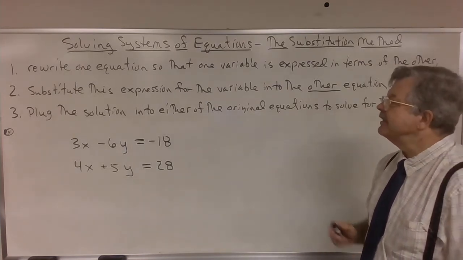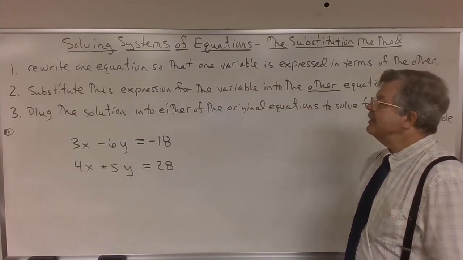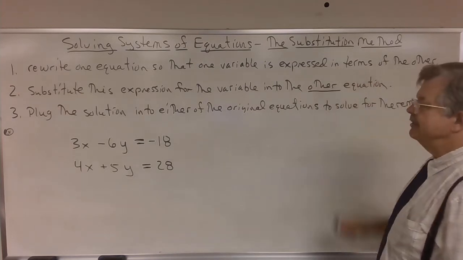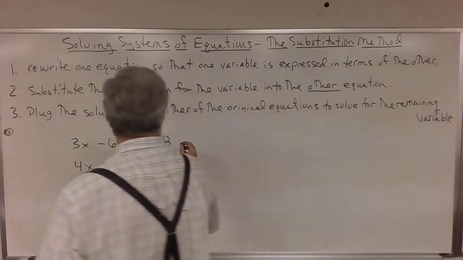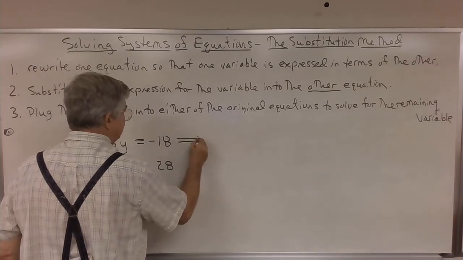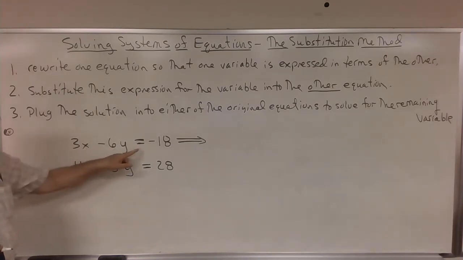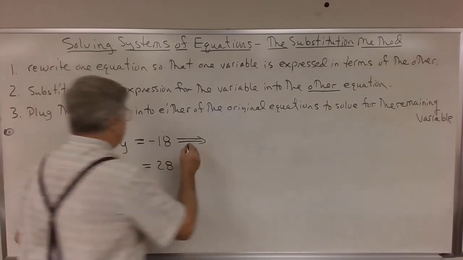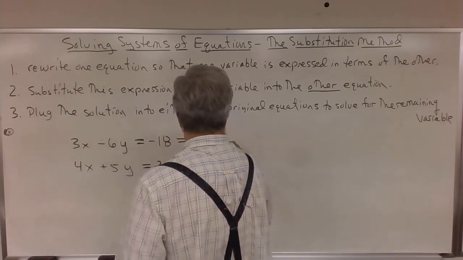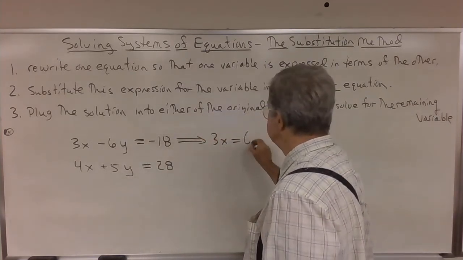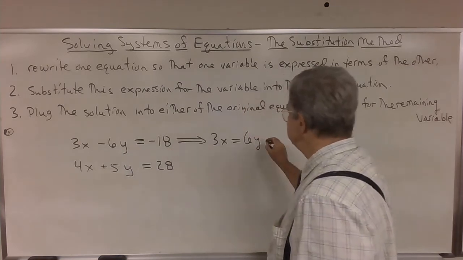Let's try it. First step, rewrite one equation so that one variable is expressed in terms of the other. So I'm going to do this one. First thing I'm going to solve for x here. So the first thing I'm going to do is move 6y to the other side. And I'll have 3x equals add 6y minus 18.